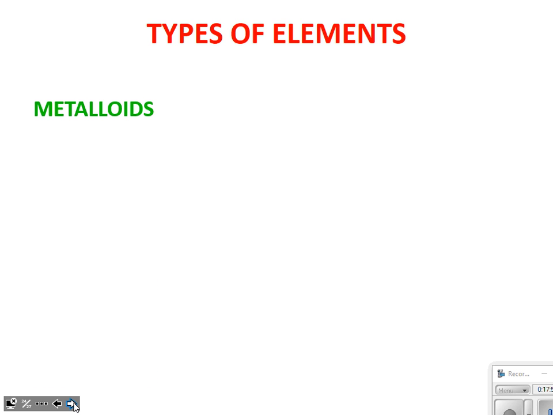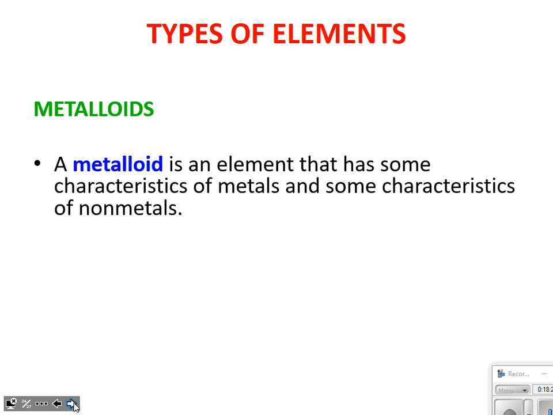Our third type of elements on our periodic table are going to be metalloids. Now, folks, these are all the types. If you're on the periodic table of elements, you are one of three things. You are a metal, you are a nonmetal, or you are a metalloid. These metalloids are kind of half metal, half nonmetal.